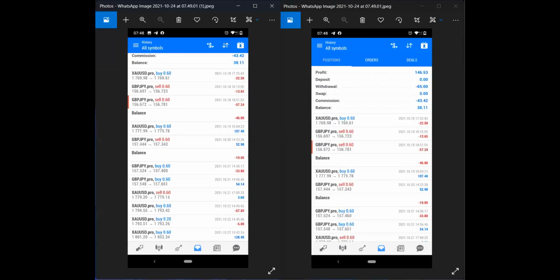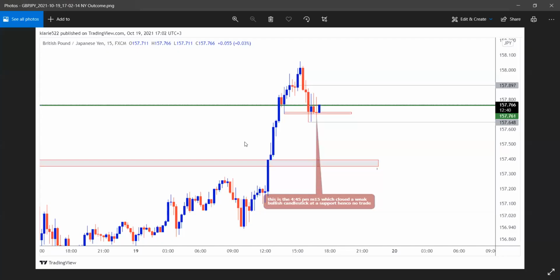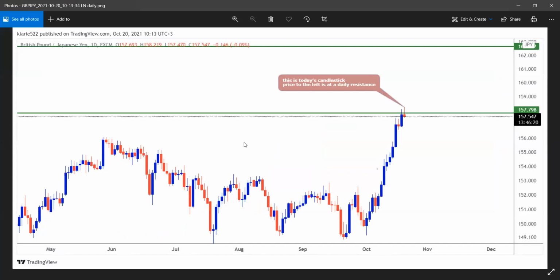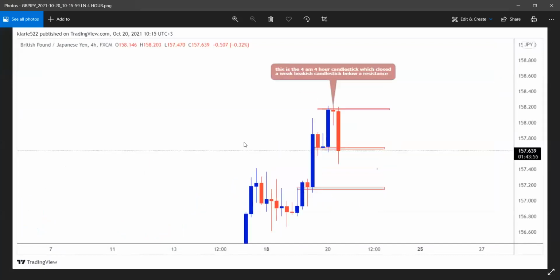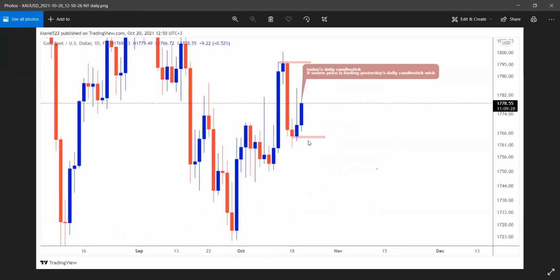Alafu wacha nataka nione mbona si kuchukua hiyo trade ya GBP JPY that day. Unaona GBP JPY ndio hiyo. Mbona hizi zina? So hii ni date 20.